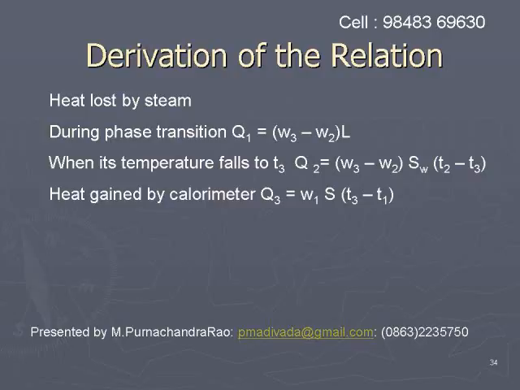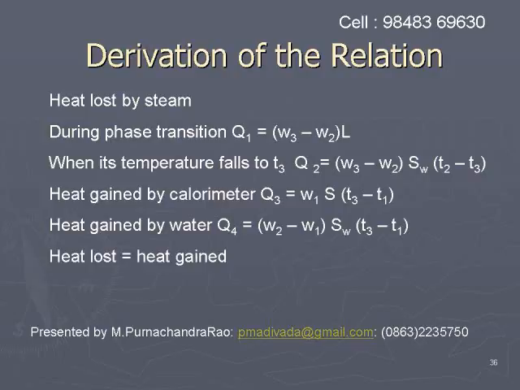Heat gained by calorimeter, Q3, is equal to W1 into S into (T3 minus T1). Heat gained by water, Q4, is equal to (W2 minus W1) into SW into (T3 minus T1).